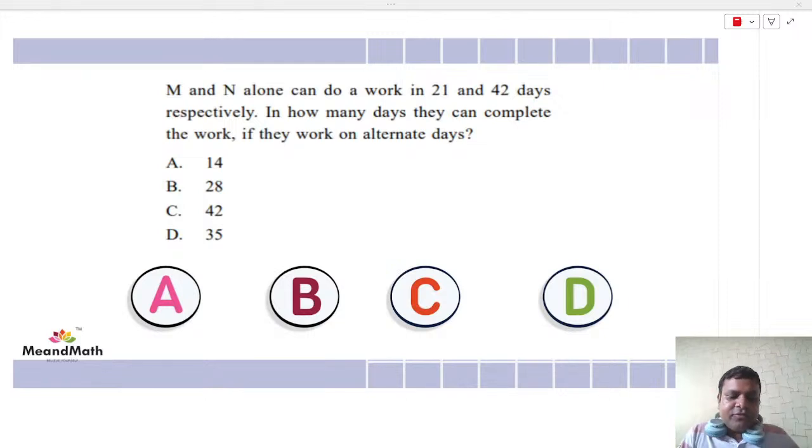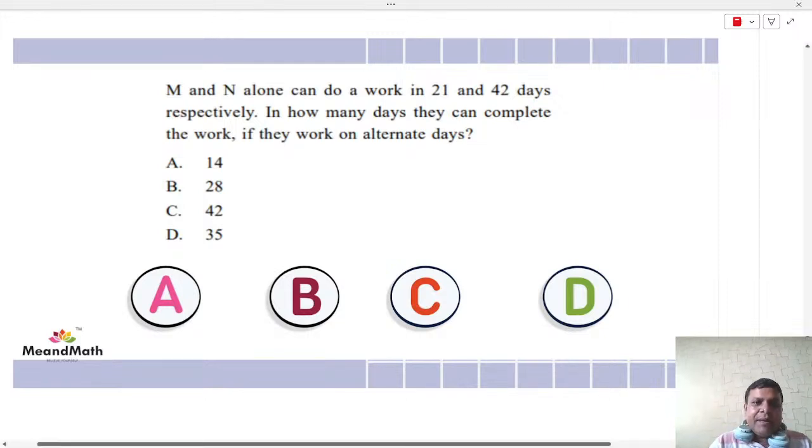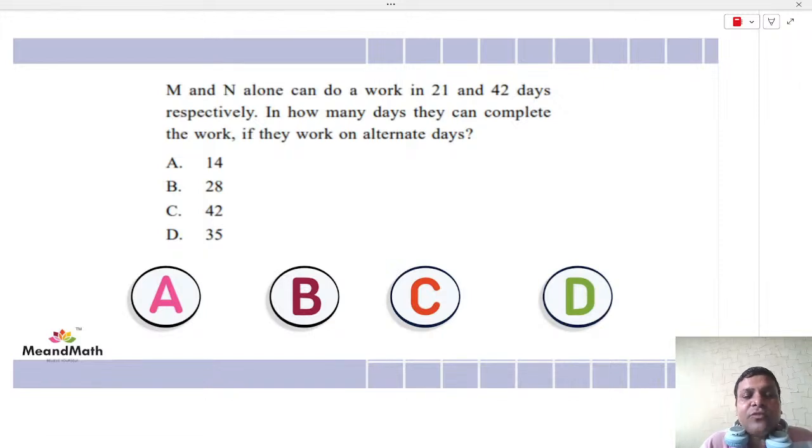M can complete in 21 days and N in 42 days. If they work alternately, in how many days can they complete the work? Any answers, please?